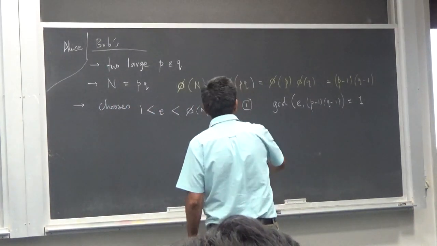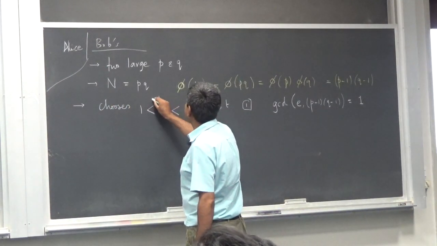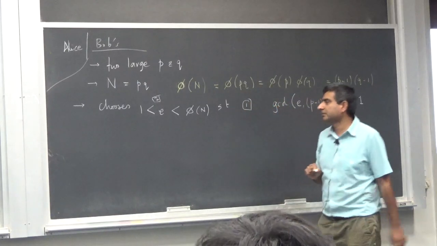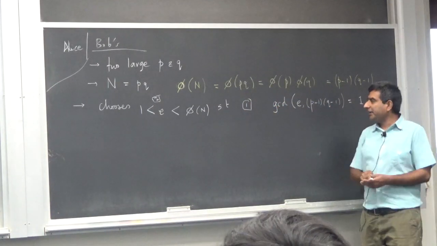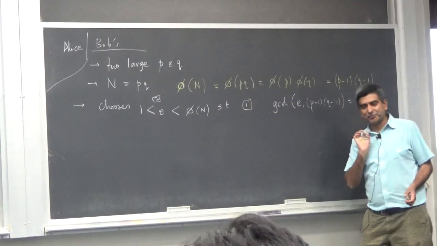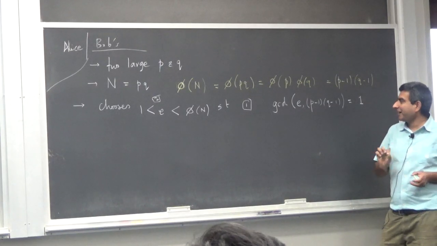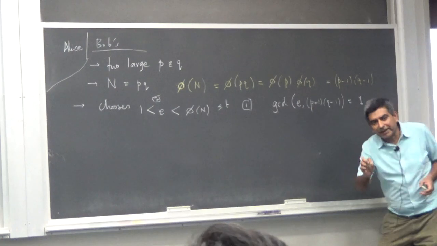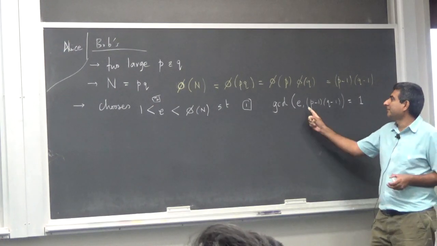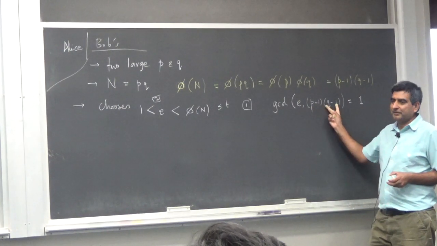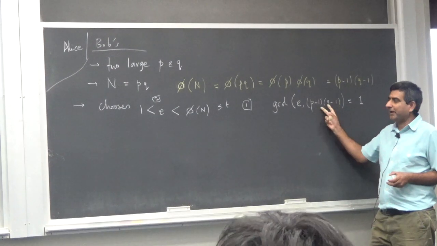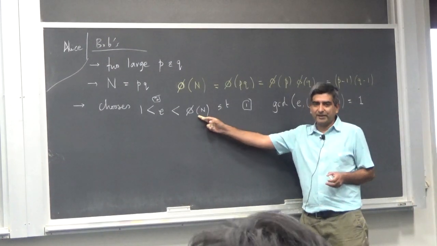Okay, so this is the first property. The second property, of course, is that E has to be in this range. So E is an integer chosen by Bob such that it is co-prime with P minus 1 multiplied by Q minus 1, which is really phi n.